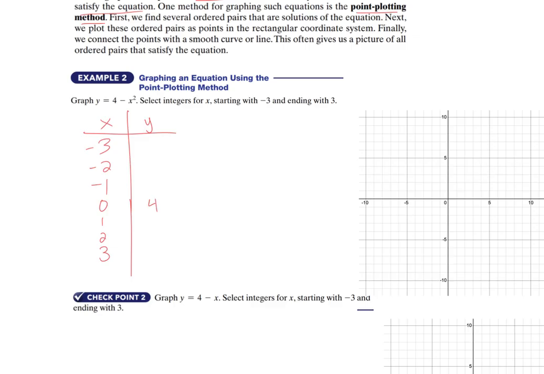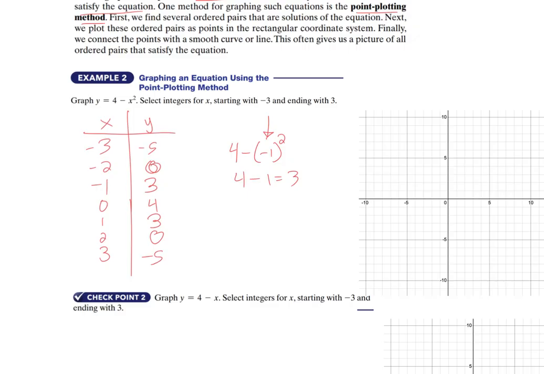So when x is 0, y is 4. When x is negative 1, remember we have 4 minus negative 1 squared, so that's 4 minus 1 is 3. 1 is going to be the same thing though, because it doesn't matter if I put a negative or positive in here. When I square it, I will get the same answer. And then we'll have 0, and then 3 we already did was negative 5.